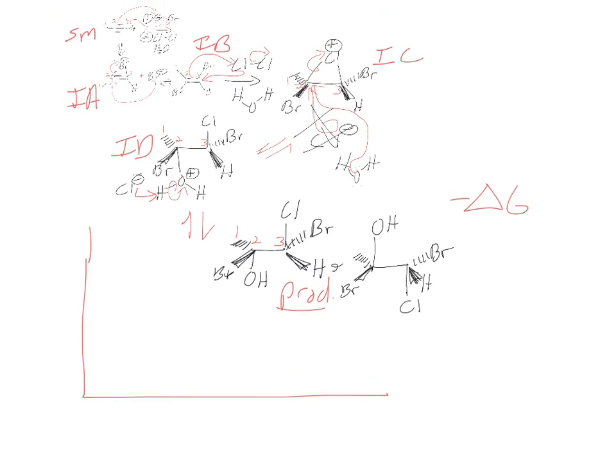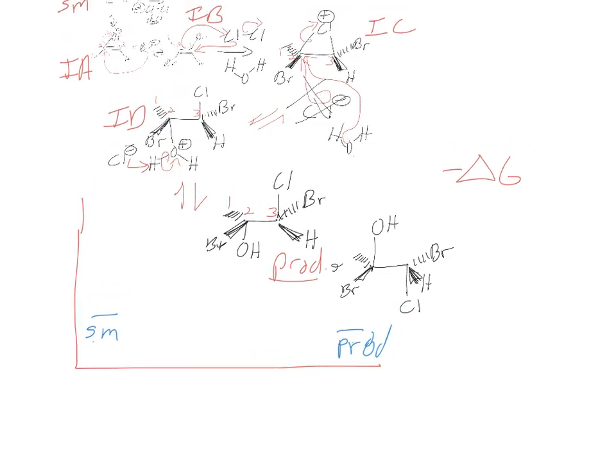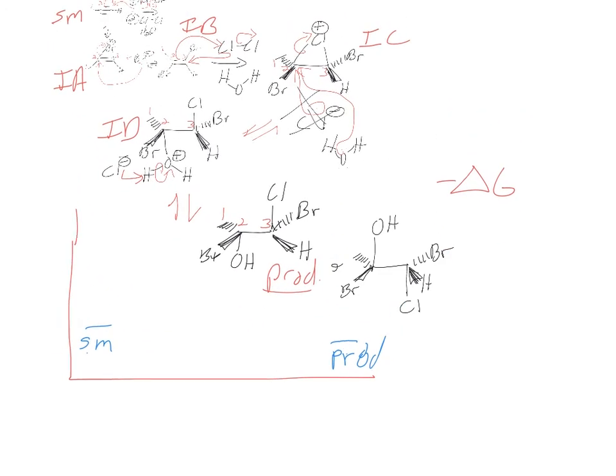Let's do it like this. Let's do starting materials. And I know delta G is negative, so the product's going to have to be lower, right? So there's a difference there. Oh, man.